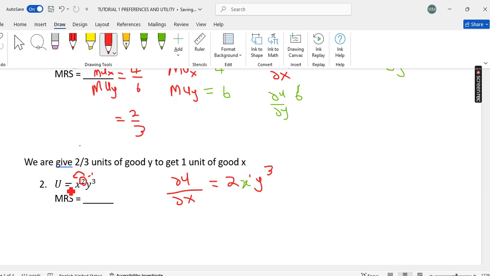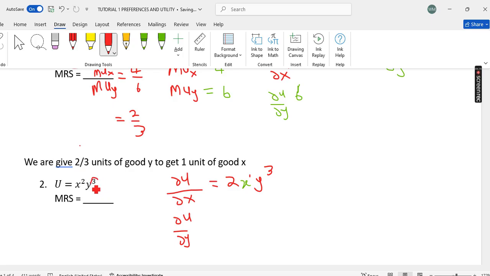Now we're going to derive with respect to y. Okay, so the rules change. This time x will stay as it is, as x squared. We'll derive y.